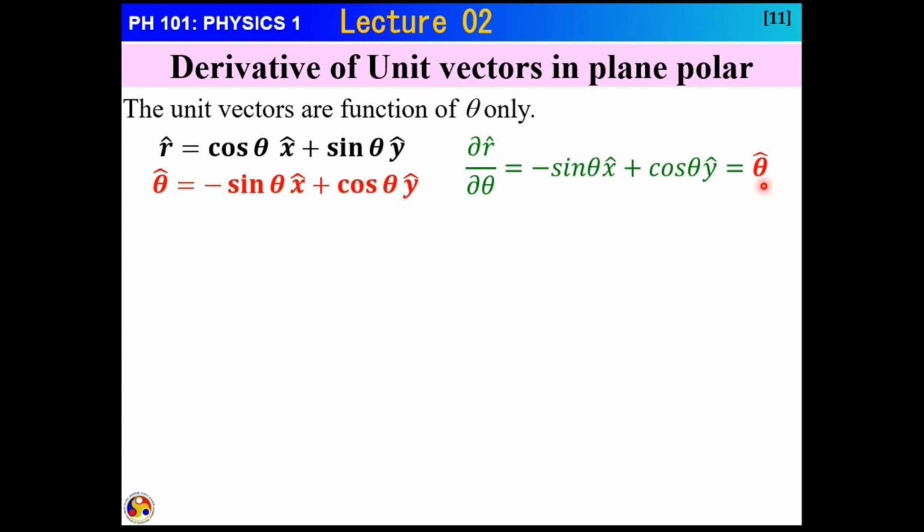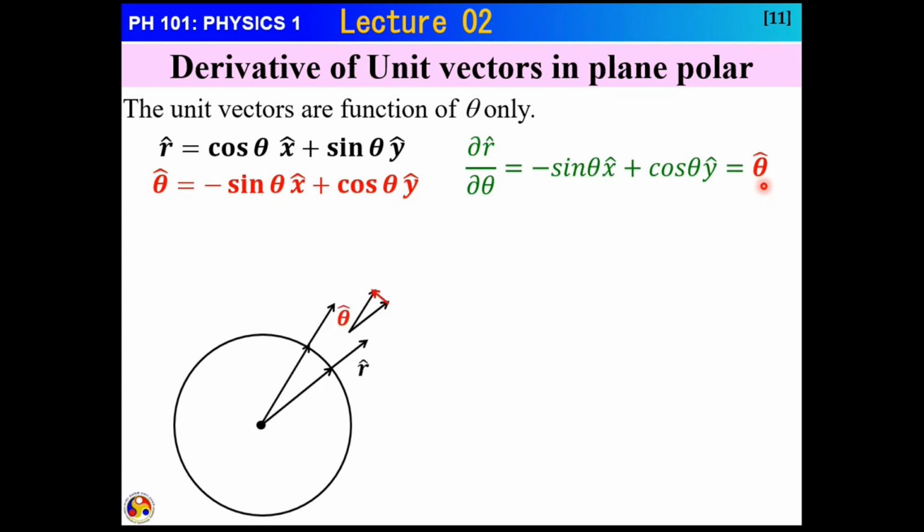So if we vary theta, the unit vector r is going to change, and the direction of that rate of change will be along the theta direction.